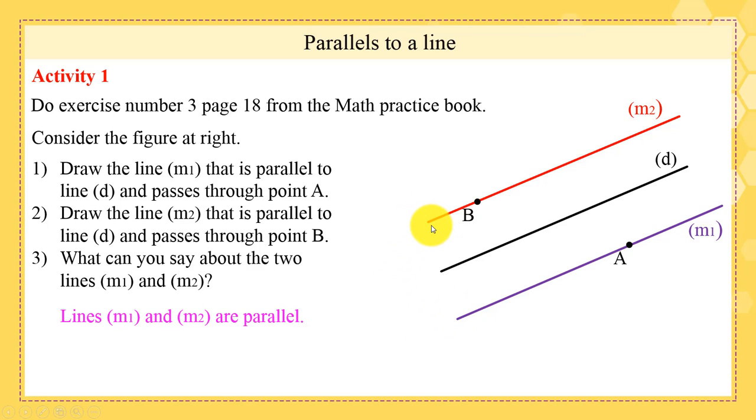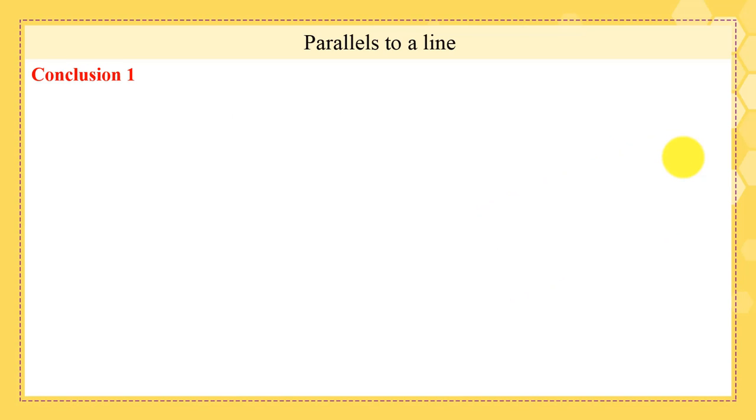We know that because they don't intersect. Yes, it's correct. But from this property, we will draw another conclusion that tells us these two lines M1 and M2 are parallel to the same line D. So, two lines parallel to the same line are parallel to each other.